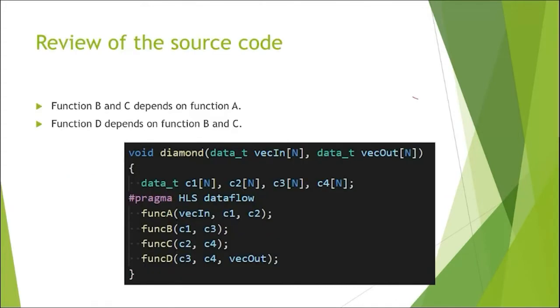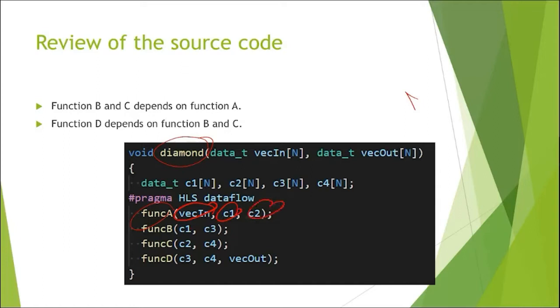Okay, so here's the source code of lab one, and you can see the top function is the diamond, and there are four sub functions, which are lab function A, B, C, and D. Because we're talking about data flow, we only care about the data dependency. The input here is in, and function A generates two outputs, C1 and C2.